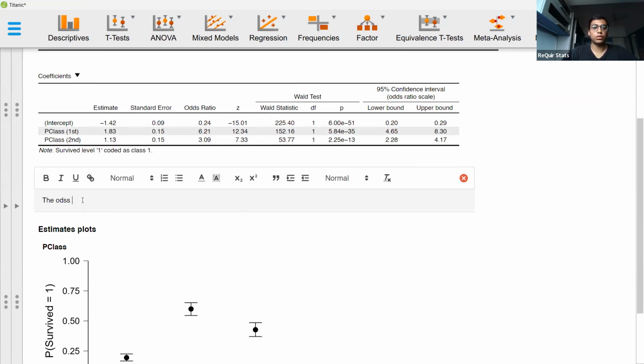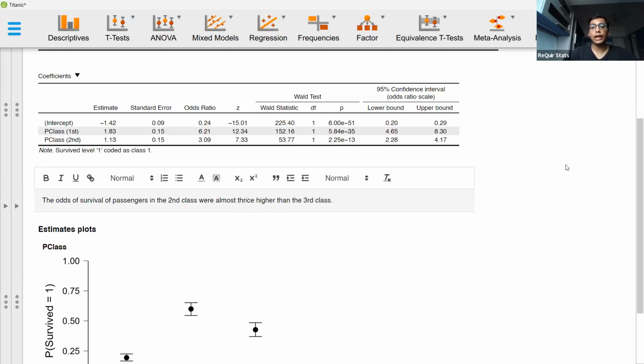So the odds of... so they were 3 times more likely to survive.